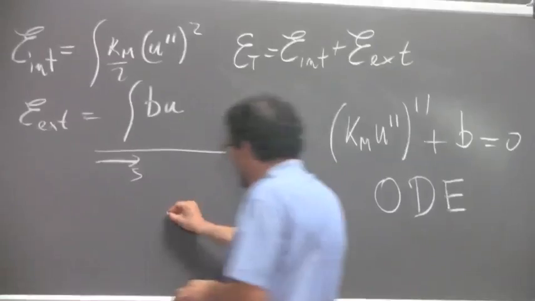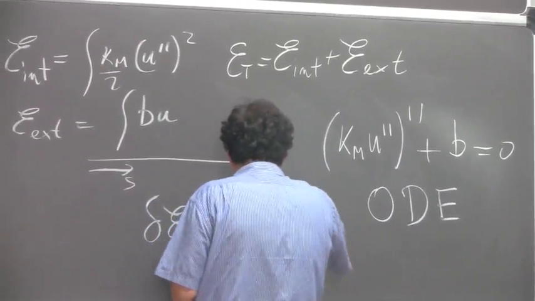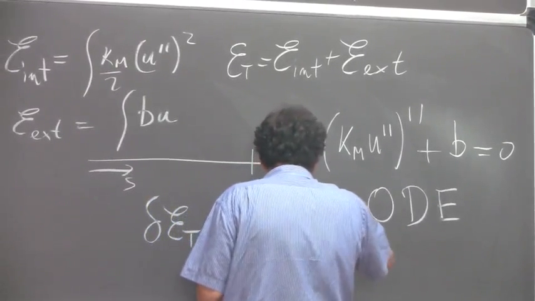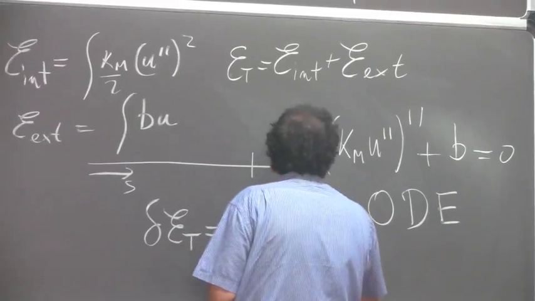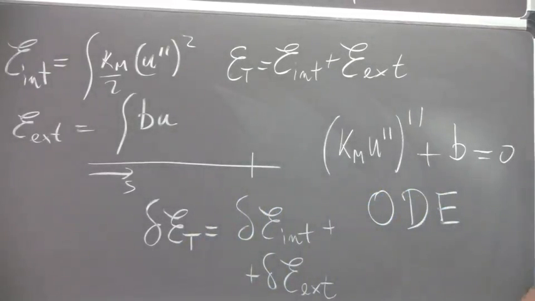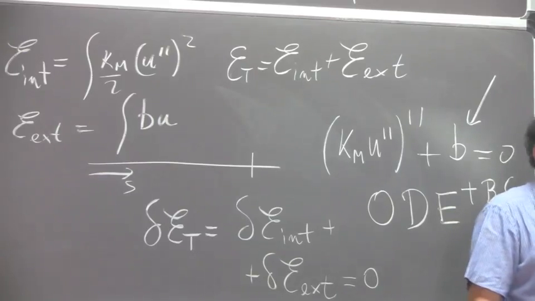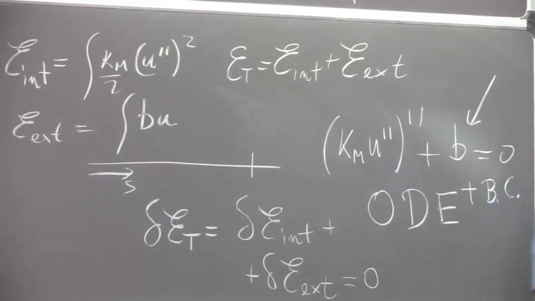We calculated the first variation of the total energy, which is equal to the first variation of internal energy plus the first variation of external energy. We equated this to 0, and we found this equation plus boundary conditions. This was the scheme. Now, following the author, we want to repeat this scheme in the case of three-dimensional deformable continua.